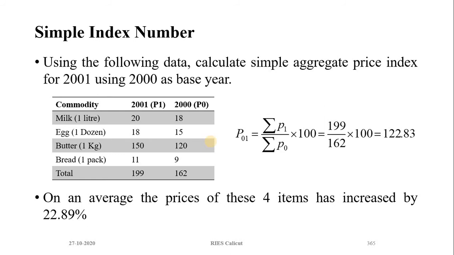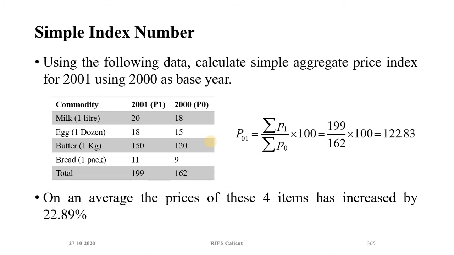Okay. So how can we calculate the simple aggregate price index number? You look at an example. Here we have four commodities: milk, egg, butter, and bread. You look at the unit of measurement: milk in liter, egg in dozen, butter in kilogram, bread in pack. All these units of measurement are different, but still we are able to find the average price change between these two periods.